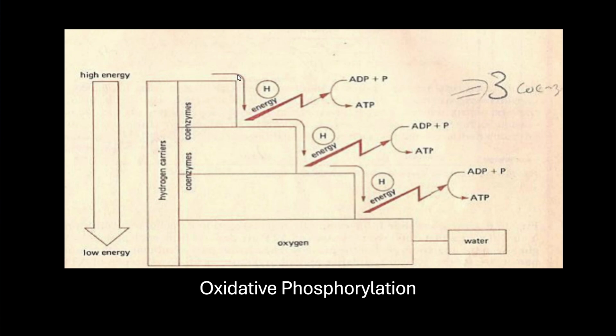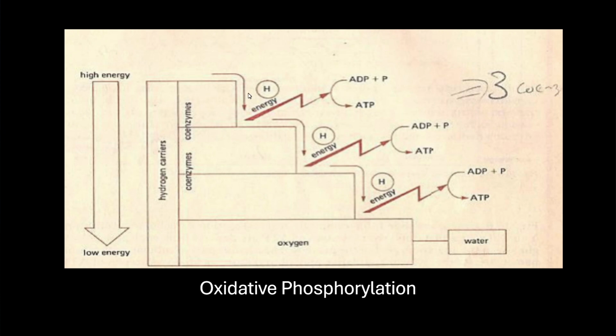And remember, these hydrogen atoms are rich in energy. They have lots of energy. So here the NAD drops it off. It is high in energy, and it gets accepted by a hydrogen acceptor.